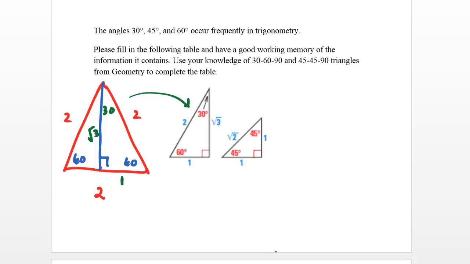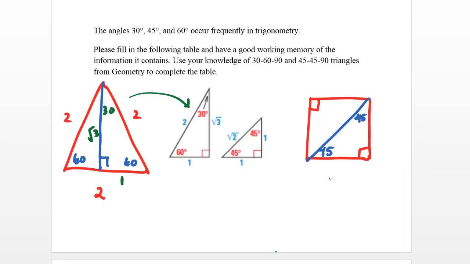Same thing with a 45, 45, 90 triangle. This actually comes from a square where we have 90-degree angles all the way around. And if I were to draw the diagonal across the square, it would break that 90-degree angle into 45-degree angles on both sides.